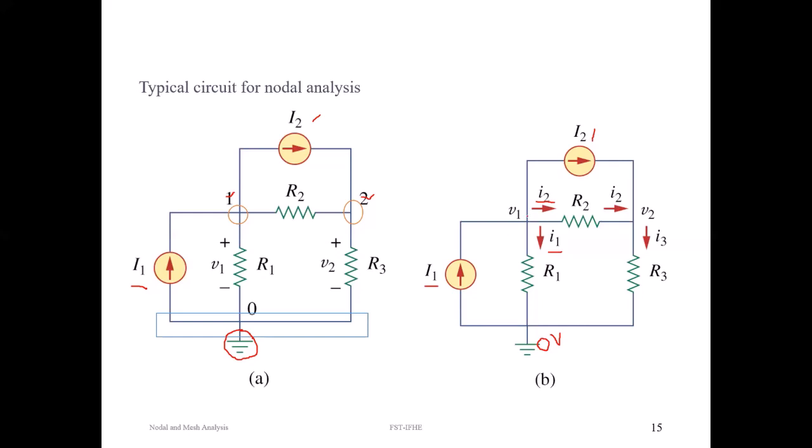When you apply KCL to node V1, the incoming current is capital I1, and the outgoing currents are small i2 and small i1. So capital I1 is equal to small i1 plus small i2. If you apply KCL to node 2, the incoming currents are small i2 plus capital I2, and the outgoing current is i3.